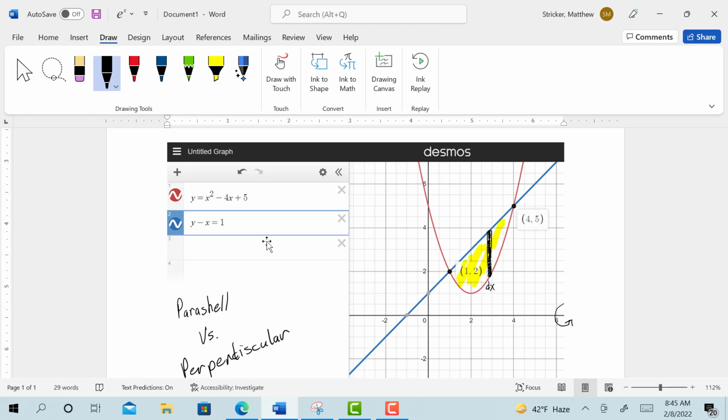In this case it's actually a washer because there's a hole, a gap between the bottom of this representative rectangle and the x-axis. So we have an inner radius, little r, and an outer radius, the blue curve, which is our big R.